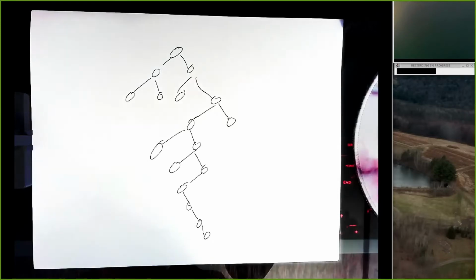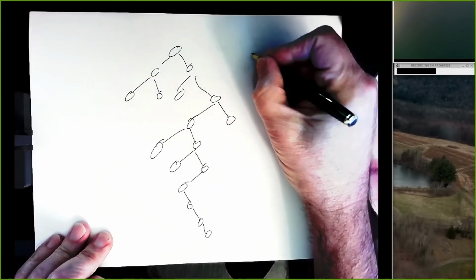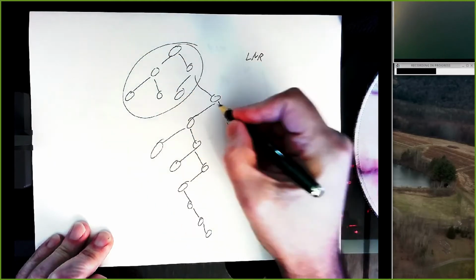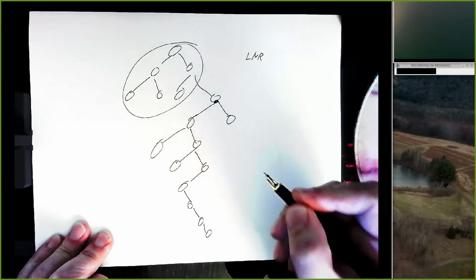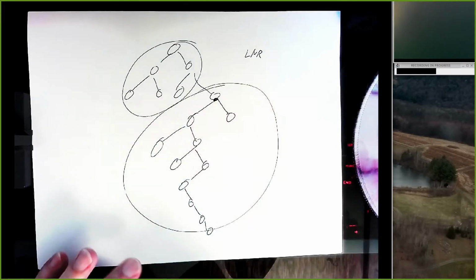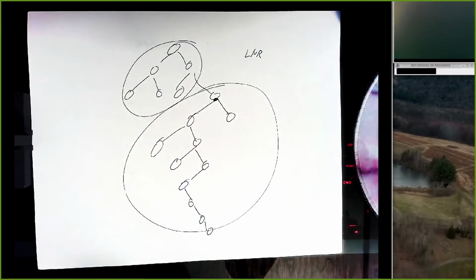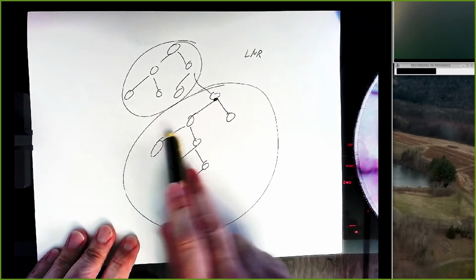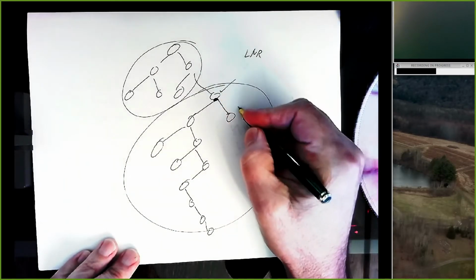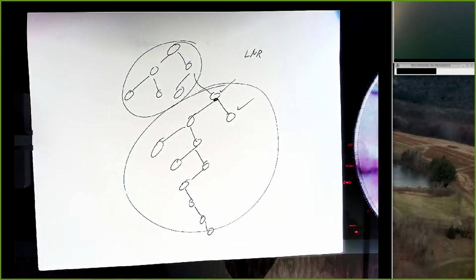So, once you get down to, let's say we're doing in order, right? Once we've traversed all of this stuff and we get down to here, and we want to traverse this subtree, right? We need to somehow go down and hit all of these nodes before we come back and do this node and then the right subtree.